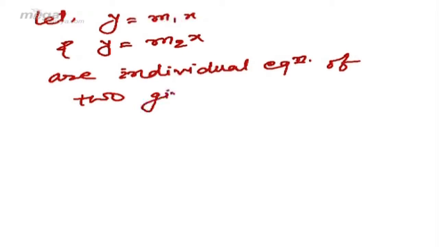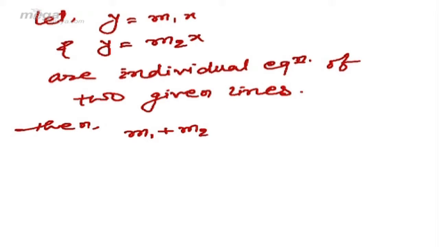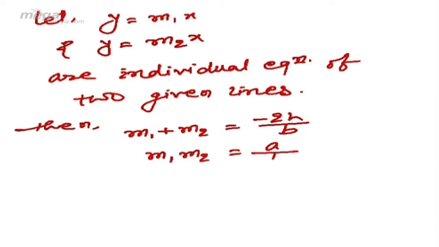Now suppose y is equal to m1x and y is equal to m2x are the individual equations of the two given lines whose combined equation is ax square plus 2hxy plus by square equal to 0. Then we did in the previous class m1 plus m2 is equal to minus 2h upon b, and m1 m2 is equal to a upon b.